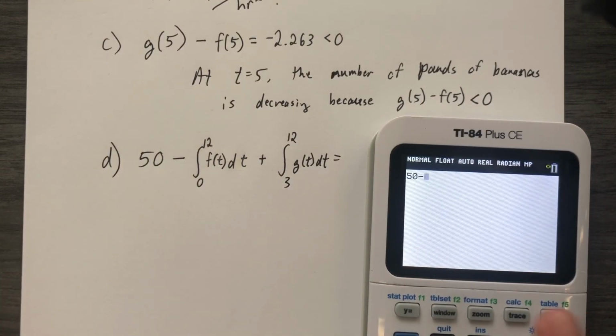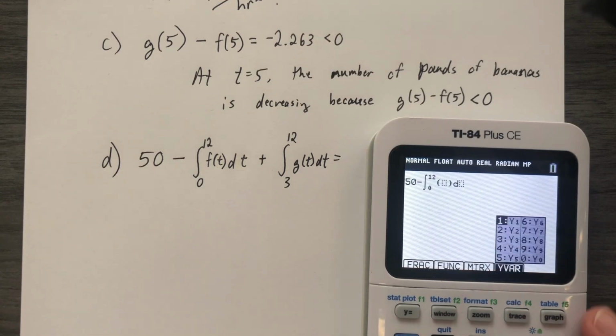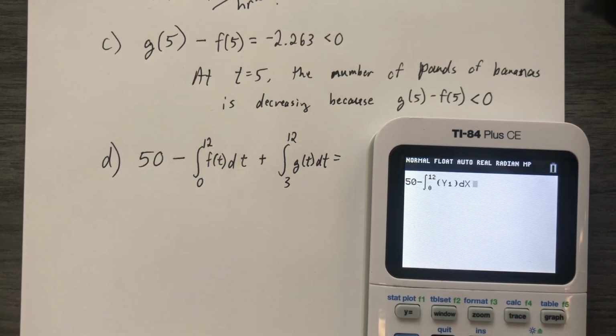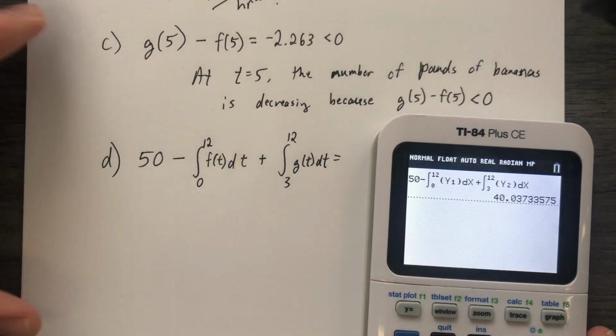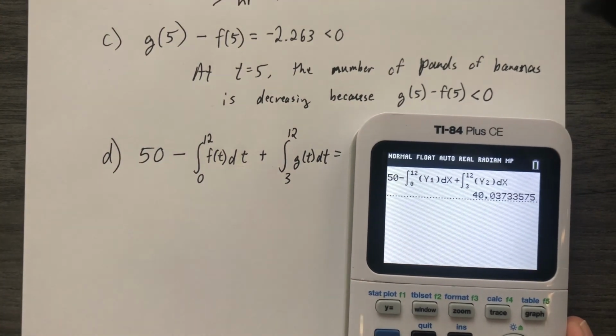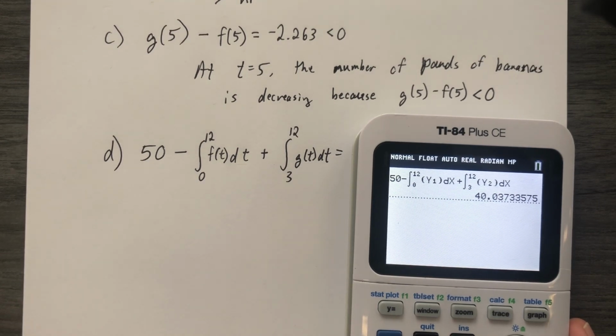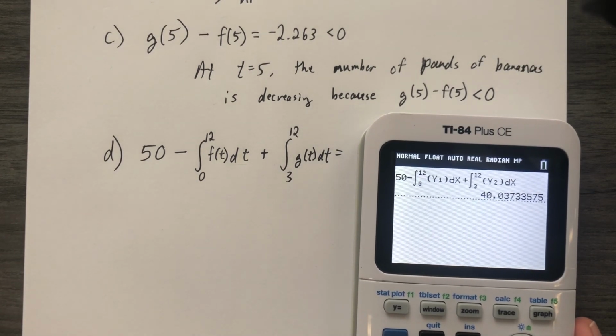50 minus the integral from 0 to 12 of the y1 function plus the integral from 3 to 12 of the y2 function, and press enter, and you wait. And I got something different than I should have gotten.